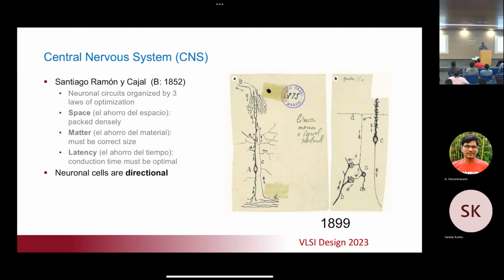And he wondered about the brain structure, how everything fits perfectly in the 3D space, all the neurons and all the connections. Then, in order to fit things in the perfect way, he also found that they follow the law of matter. For example, if you're building with bricks, and all the bricks had different heights, then it would be very difficult to lay out your bricks and make a dense structure, right?